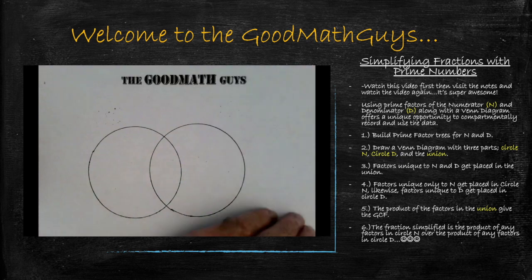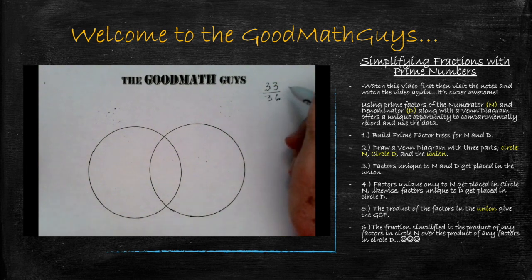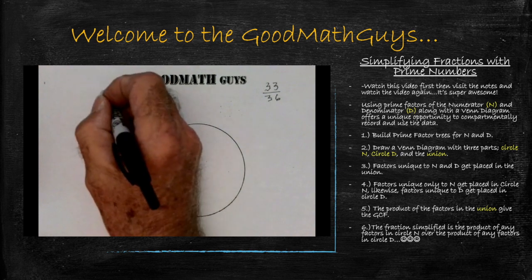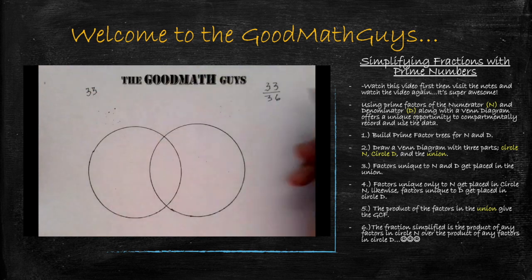Let's try one more before we quit. How about 33/36? 33/36. Okay, and we know the 33 belongs over here. And the 36 belongs over here.